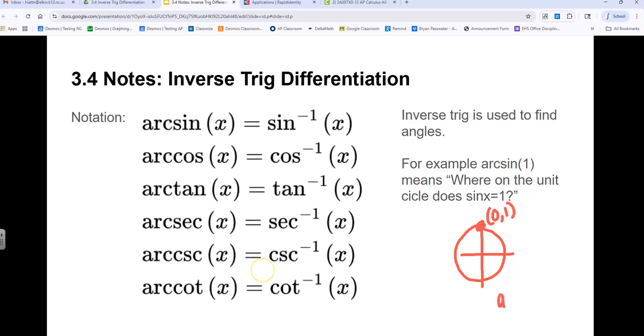So arc sine of 1 would equal pi over 2. Or technically, at any increment of pi over 2, it's like pi over 2 plus 2 pi k. There, we won't really have to worry about that for the problems that we'll be doing here.